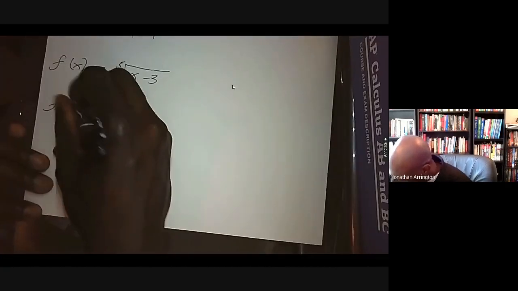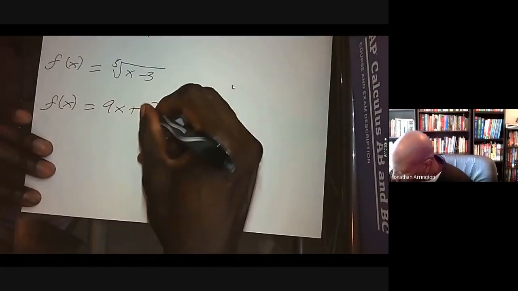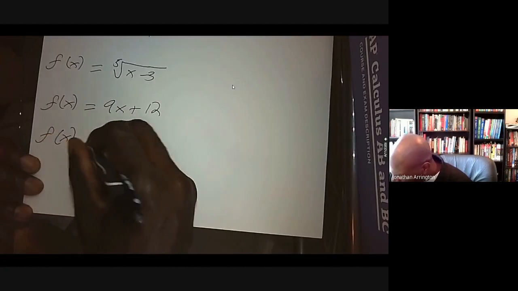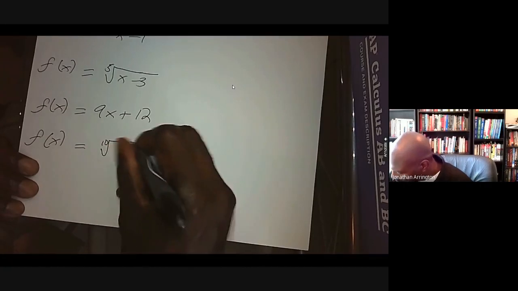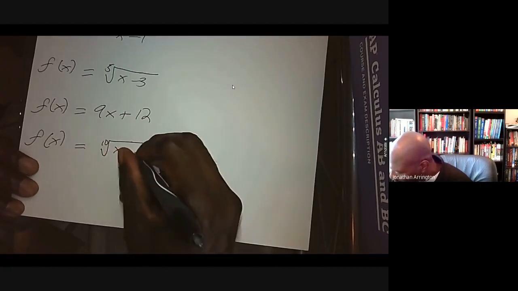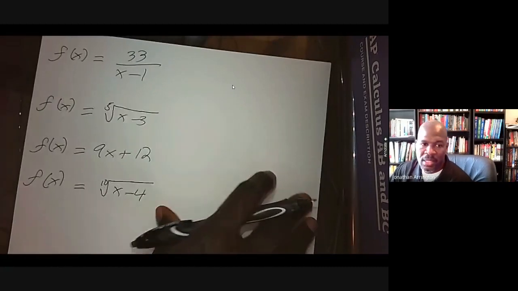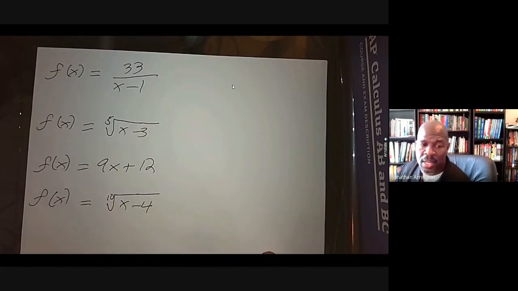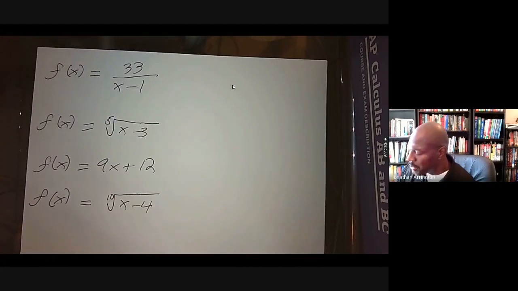Here, let's say f of x is 9x plus 12. And here, let's say f of x is the 10th root of x minus 4. All right, so I'm going to find the domain of these four functions. I would like you to try this on your own, however. So now would be the time to pause the video. And when you unpause it, you'll see me working the problems out, and hopefully our answers agree.